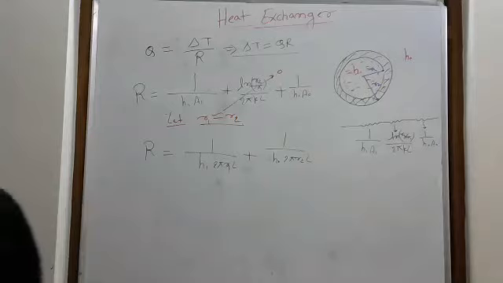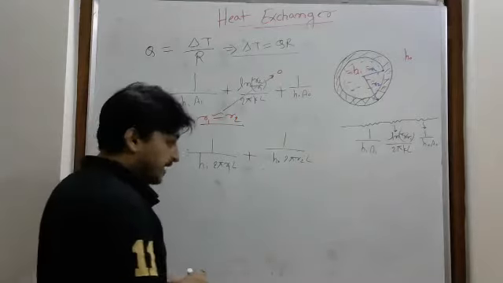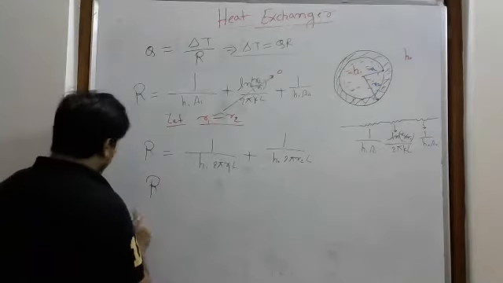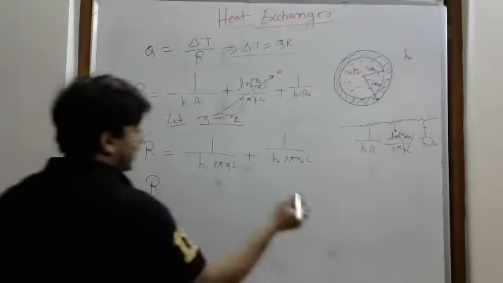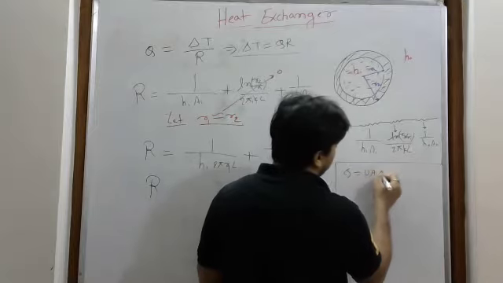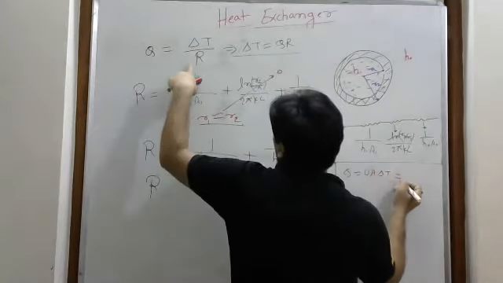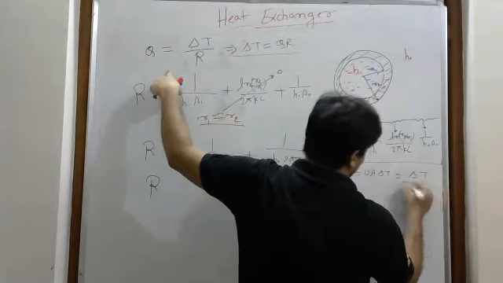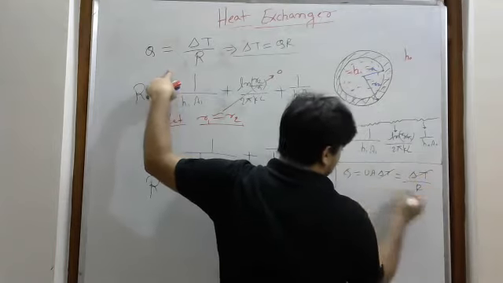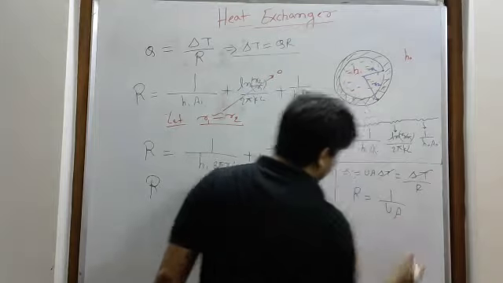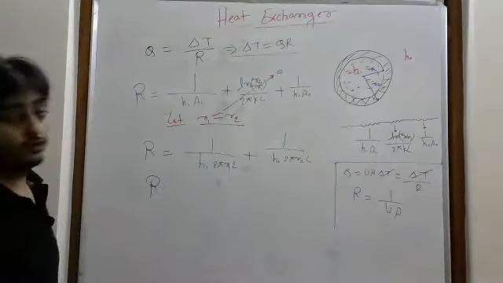Now I want to find the overall heat transfer coefficient, and I have already derived the formula. Q equals U A del T, and Q equals del T by R. So del T cancels, and R equals 1 by UA.